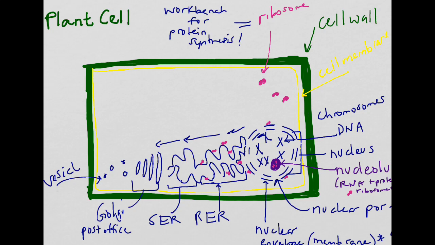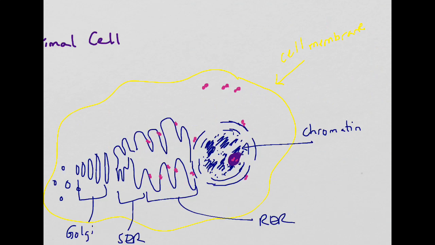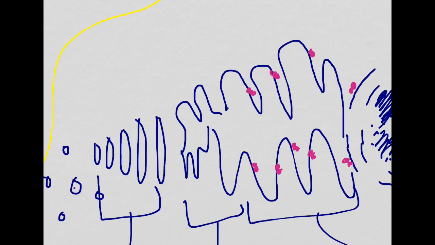Okay, inside of those vesicles, if we could zoom in on these guys, we'd find little product that was made in the SER or the RER, modified in the Golgi. Same thing here. These vesicles will find some products in them.